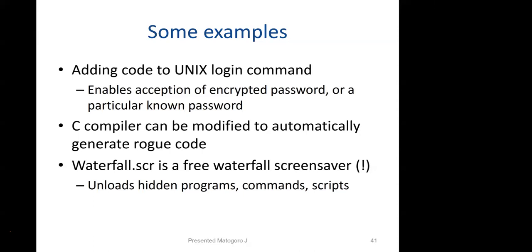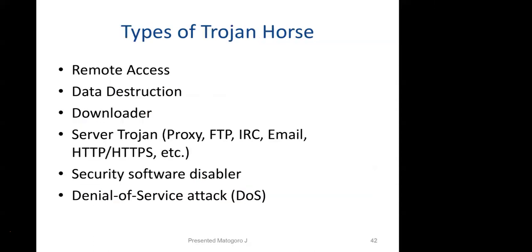waterfall.scr is a free waterfall screensaver. It always unloads a hidden program, command and script. So these are some of the examples of the Trojan horse. So, types of Trojan horse: you can have a remote access Trojan horse, data destruction Trojan horse, downloader Trojan horse, server Trojan horse, security software disabler, and a denial of service attack.